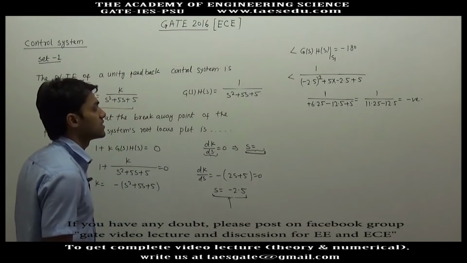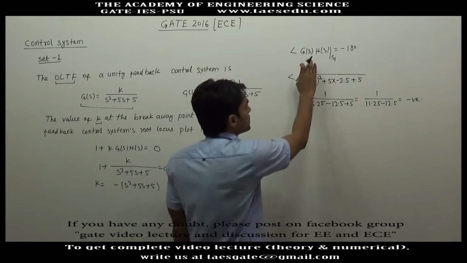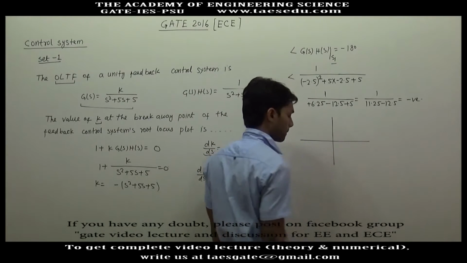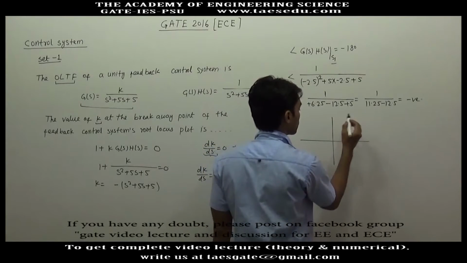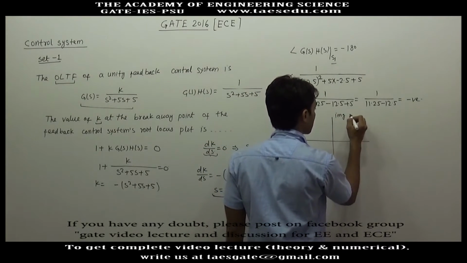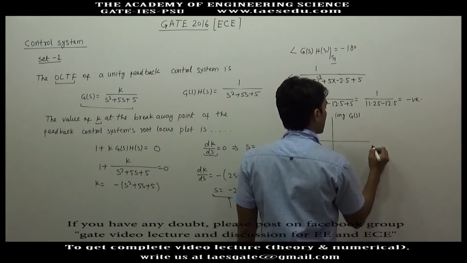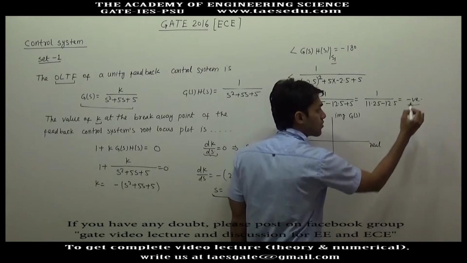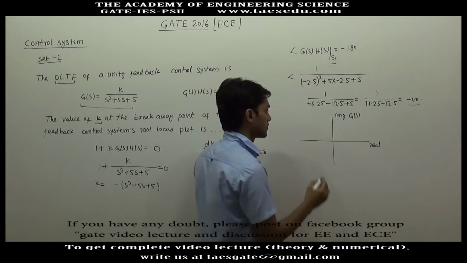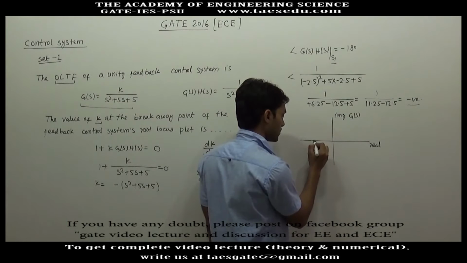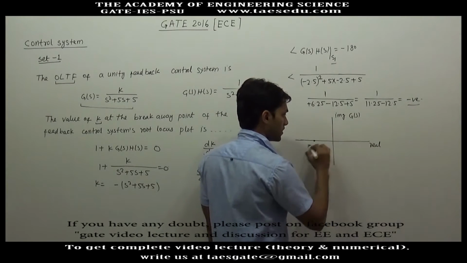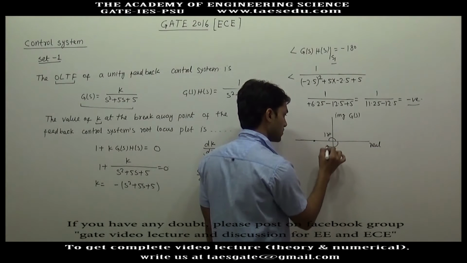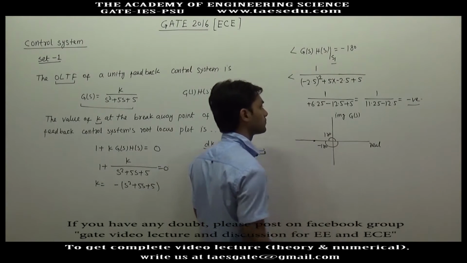So the value of G(s)H(s) at S1 is a negative quantity. In the complex plane of G(s)H(s), here you have the imaginary part and here you have the real part. You have a real quantity which is negative, so you will be somewhere on the negative real axis. So at this point the angle will be 180 degrees or minus 180 degrees.